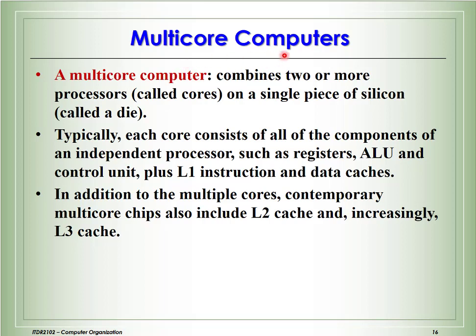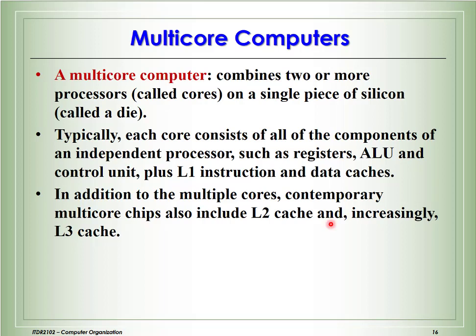In a multi-core computer, multi-core means it is a single processor with multiple cores, or you can say multiple processing units, more than one in the CPU. This is basically the multi-core computers, okay.